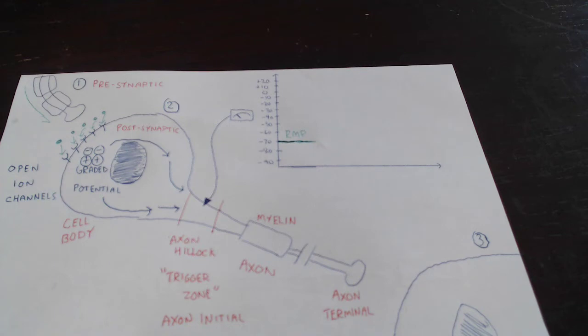That is when the cell is at rest, meaning it has not been stimulated with any type of graded potential yet. So graded potentials come in two different forms, and we mentioned this just a couple of seconds ago.